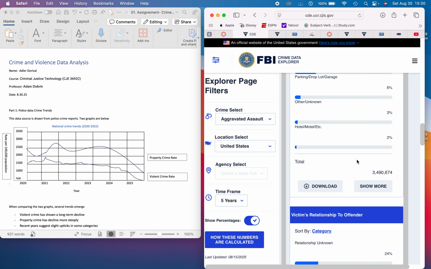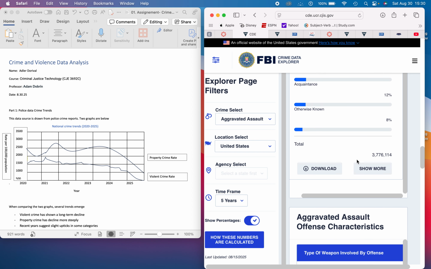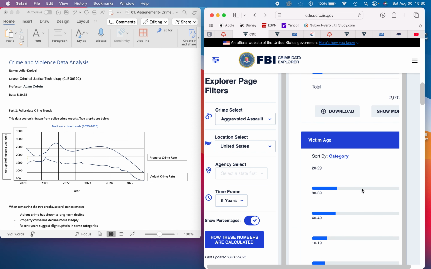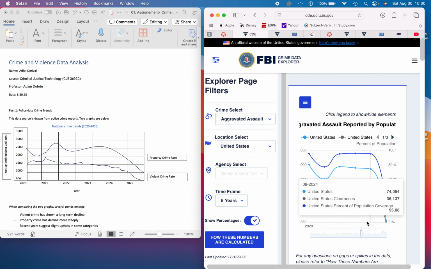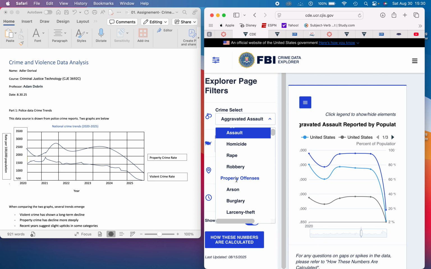They're all down here for you to see if you want more information, to educate yourself a little bit more. But for the purpose of this presentation, all I needed was the trend to see if it's going up or down. In that case, the trend is going down. And as you can see, same thing for property crime too. But first, let me go in the crime select. And all I gotta do is go in property offenses.